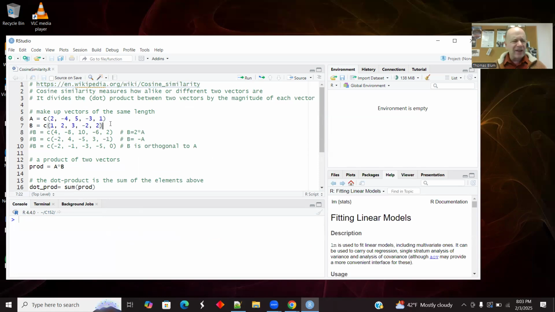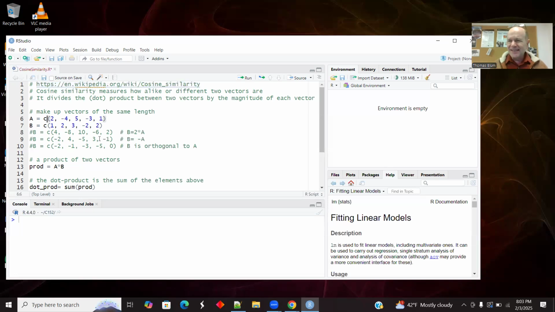I made them of length 5, and I am using an assignment statement in R. I'm using the equal sign, though you can also use an arrow notation, or you can spell out the word assign. I'm used to just the equal, so that's what I'm going to be using.